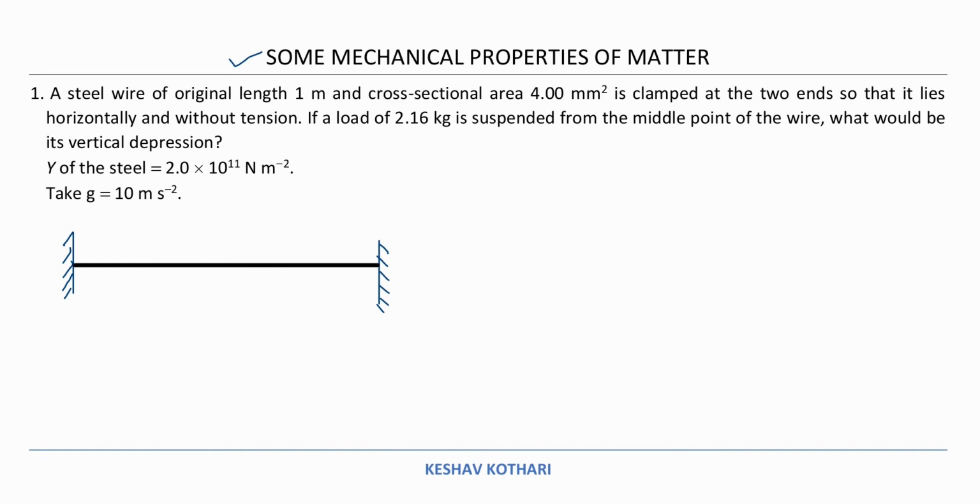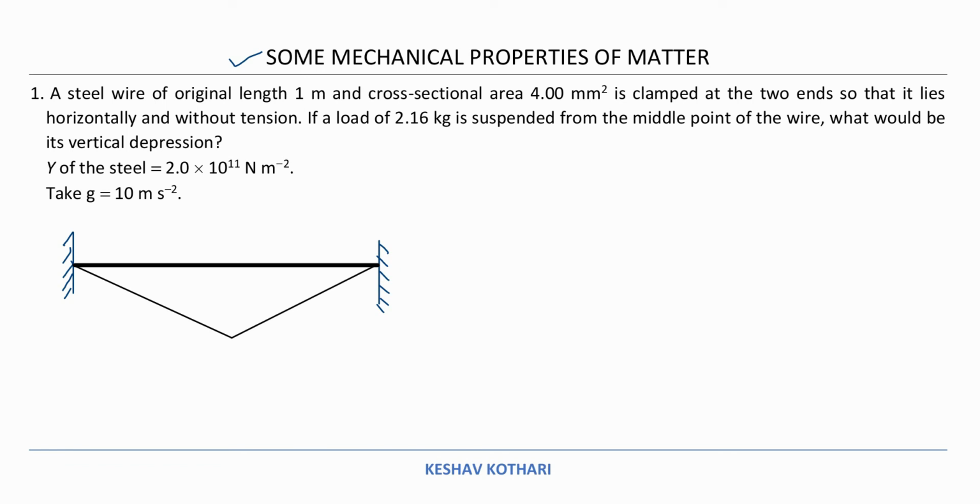So this is the original shape of the steel wire when the mass is not attached. When the mass is attached, the steel wire will deform itself and take a form like this.